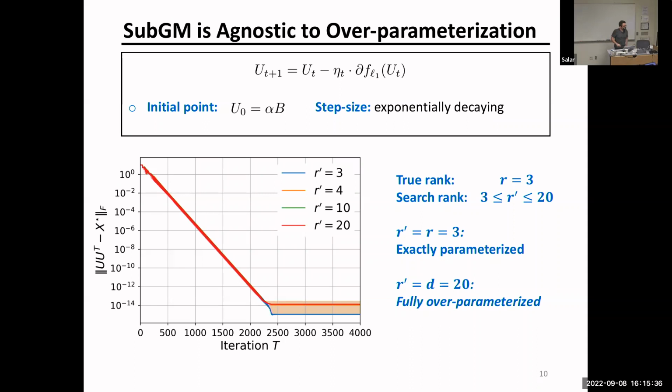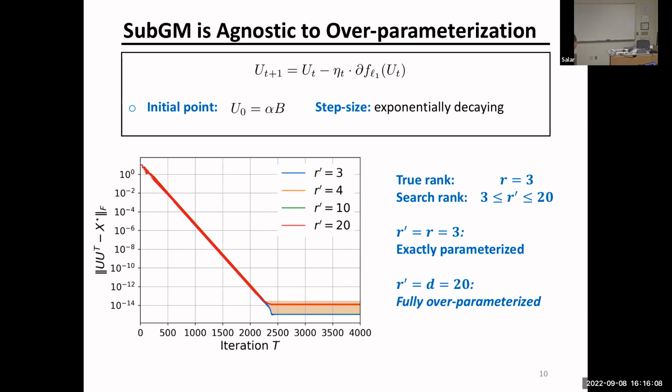It turns out that the subgradient method is completely agnostic to the overparameterization level. No matter what R prime is, the error for the subgradient method decreases at a linear rate until we hit some estimation error.